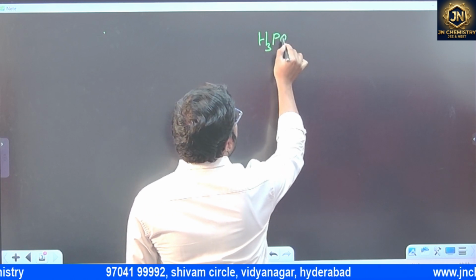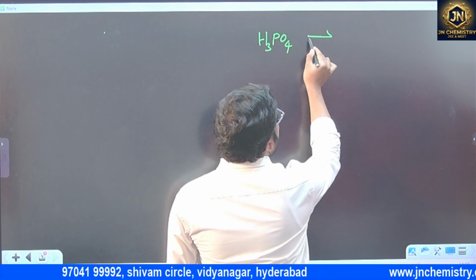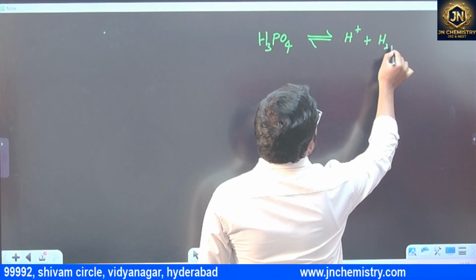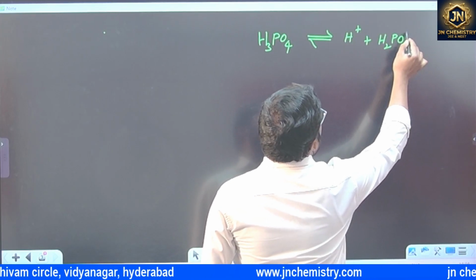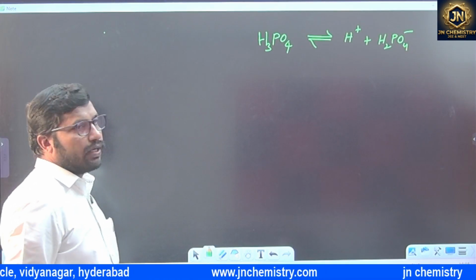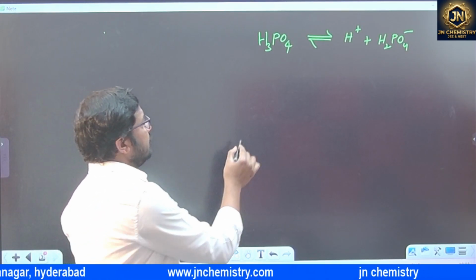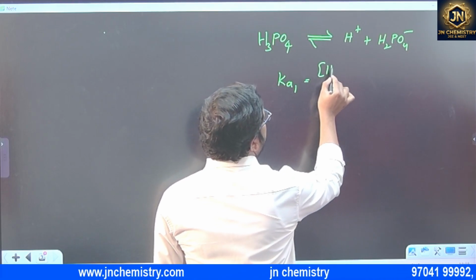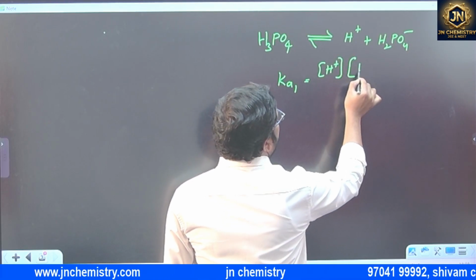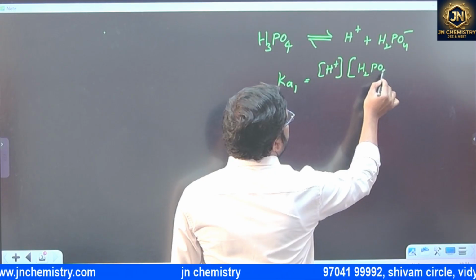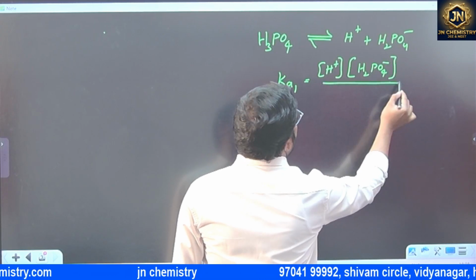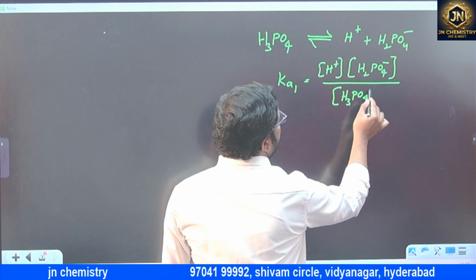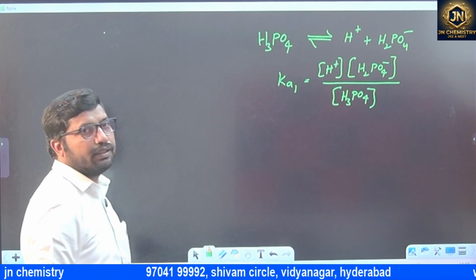H3PO4 gives rise to H plus plus H2PO4 minus. In this case I am writing Ka1 is equal to H plus ion concentration times H2PO4 minus, divided by H3PO4. This is Ka1.